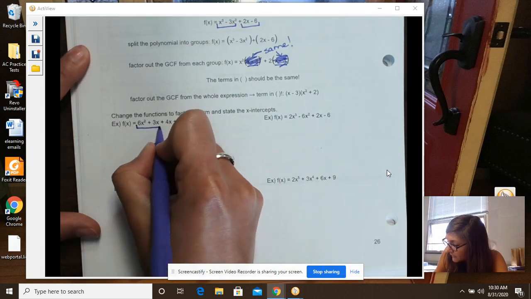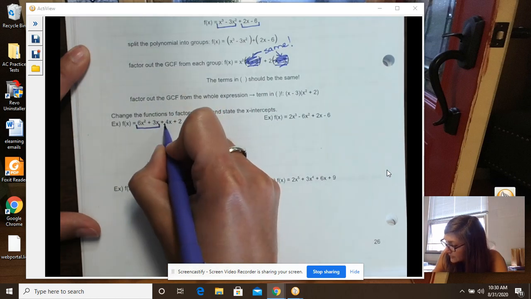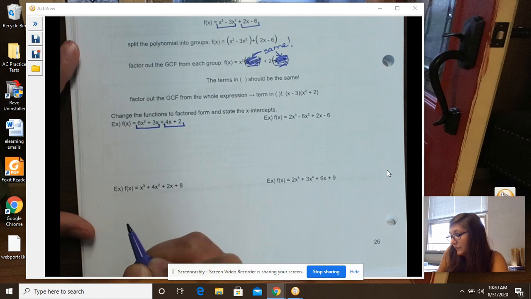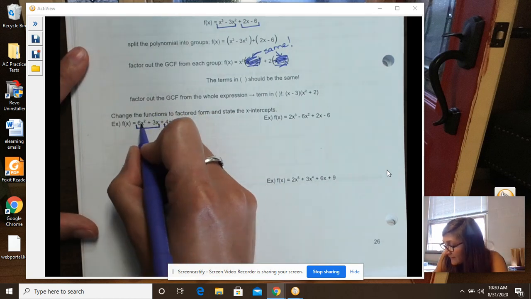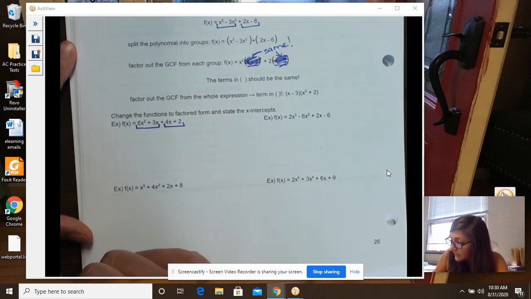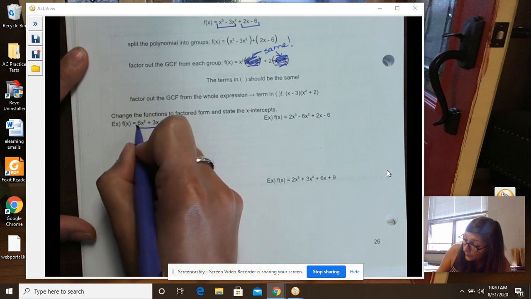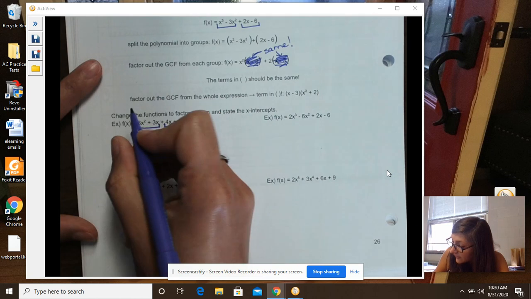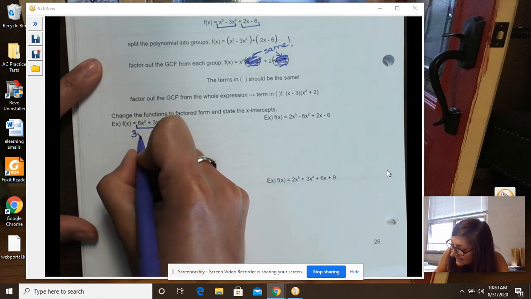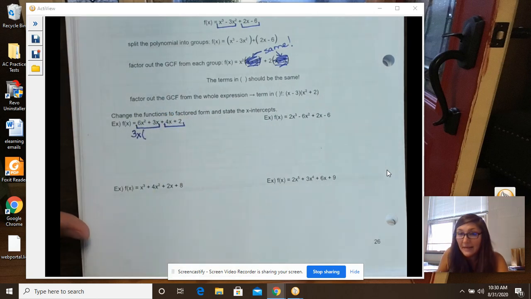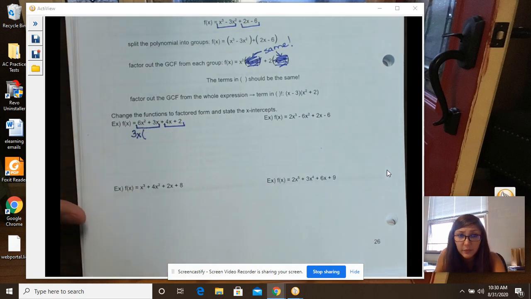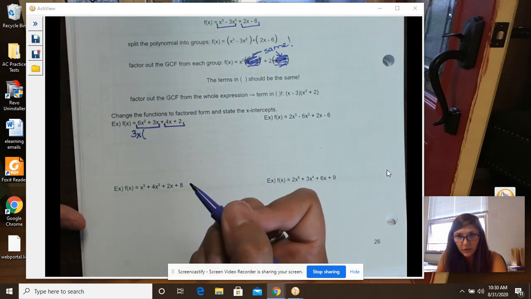So here's my first group, and here's my second group. And then I'm going to look for GCFs in each of those groups. So for this first group, I've got x as part of both of those terms, and both of these coefficients are divisible by 3. So my GCF here is going to be 3x. I'm going to factor that out of each part here of my first group and then write what's left over.